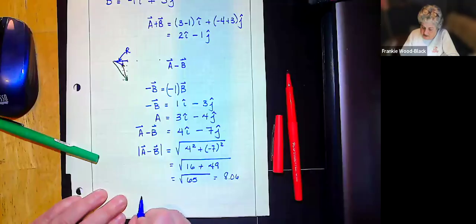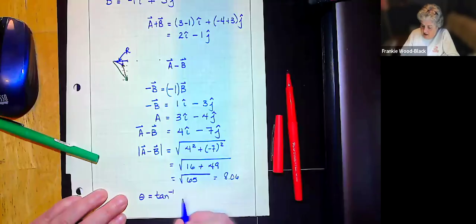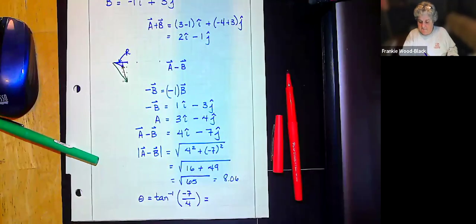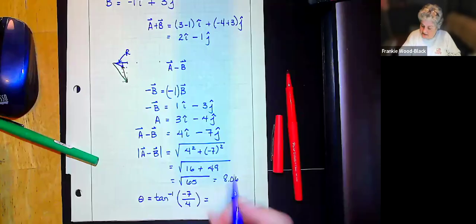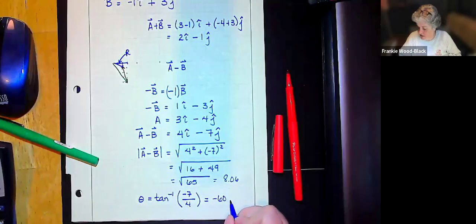And I can also calculate the angle. The angle is going to be the arctangent of my -7 over my 4. And it says I'm going to get a negative 60 degrees, 0.3.